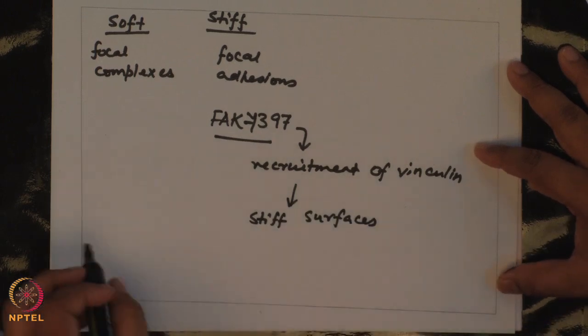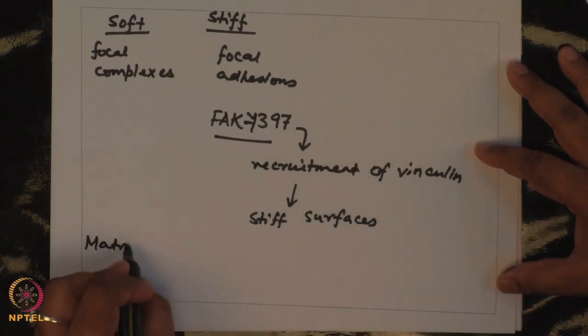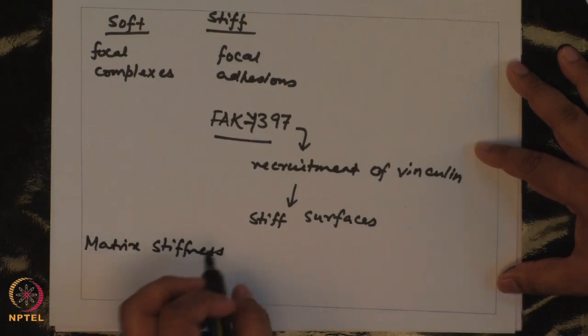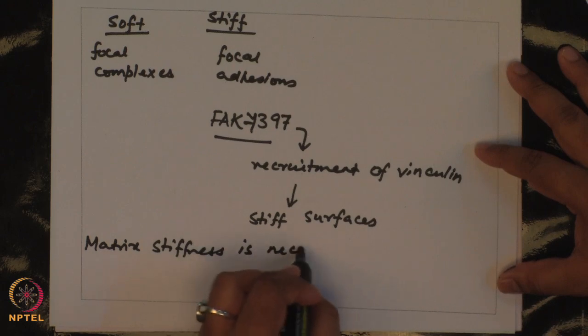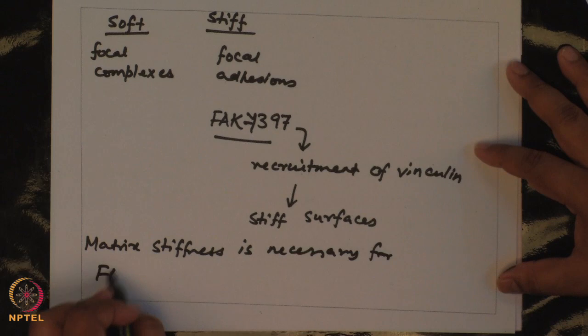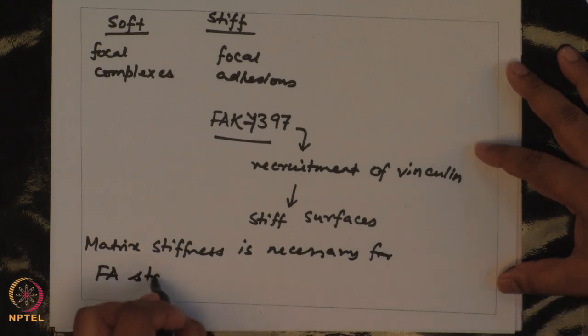So, this suggests that matrix stiffness is necessary for focal adhesion stabilization.